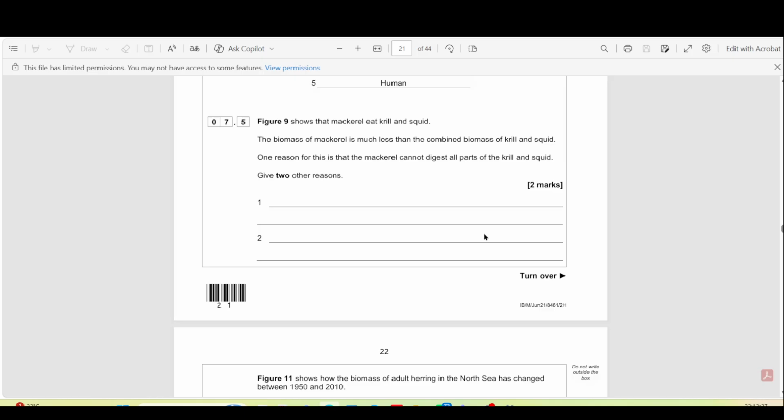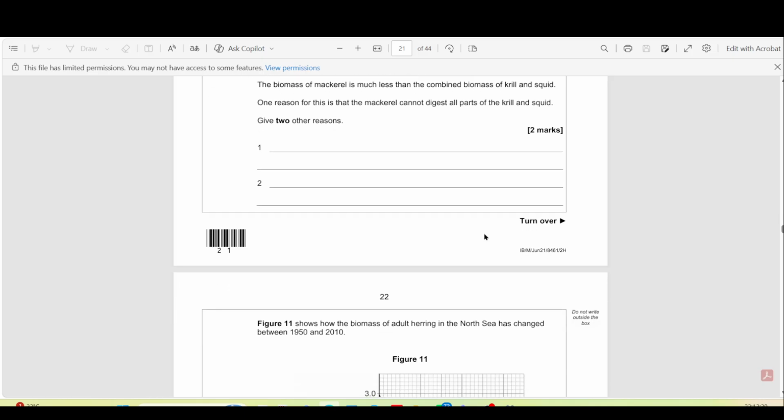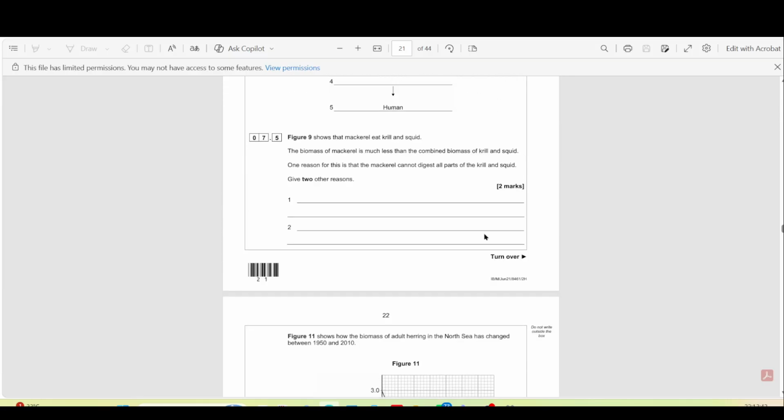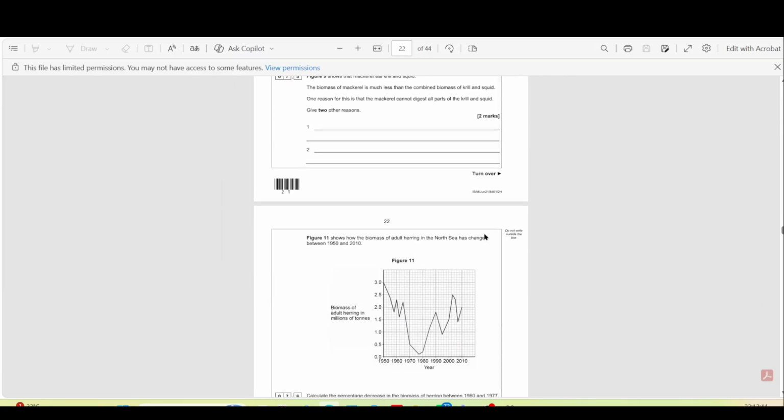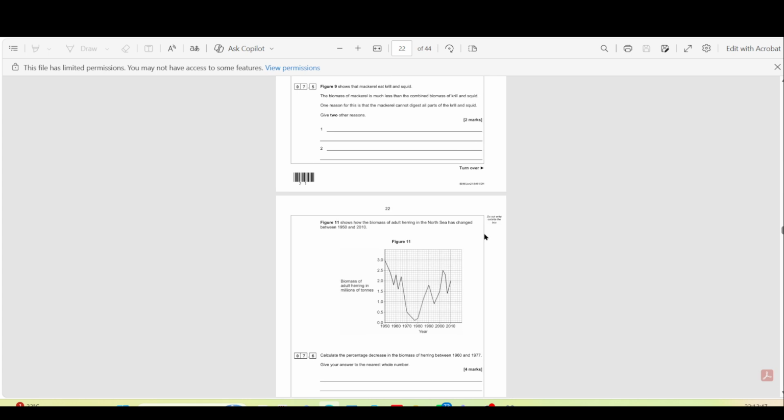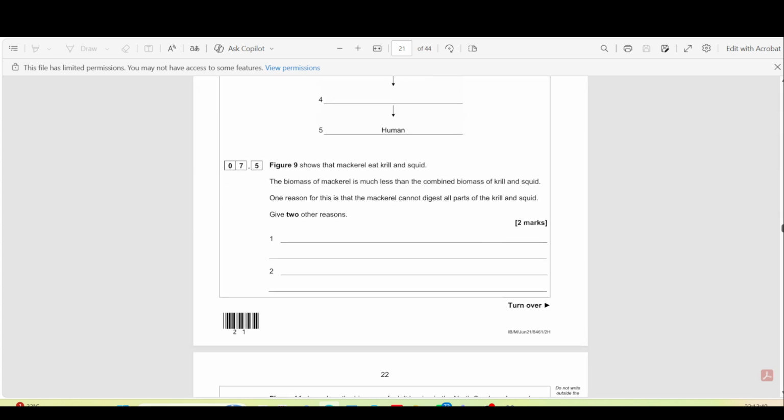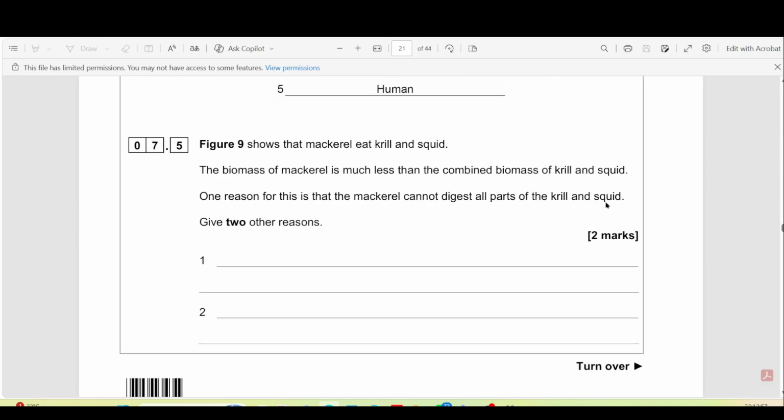The food web shows that macro eat krill and squid. The biomass of macro is much less than the combined biomass of krill and squid. One reason for this is that macro cannot digest all parts of the krill and squid. Because biomass is lost at each level.